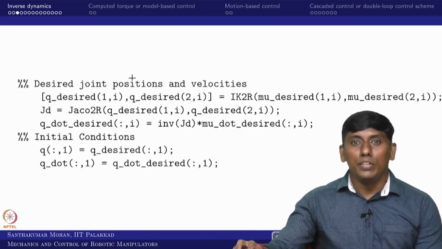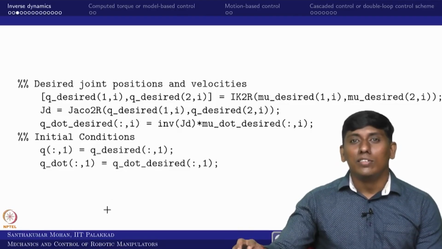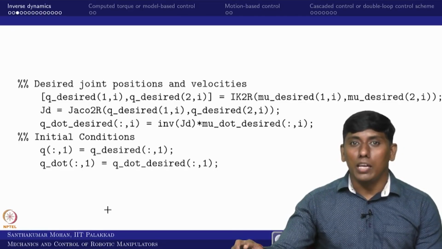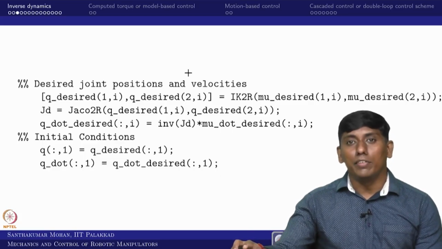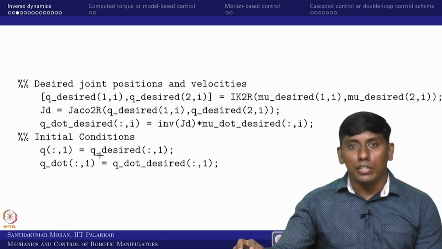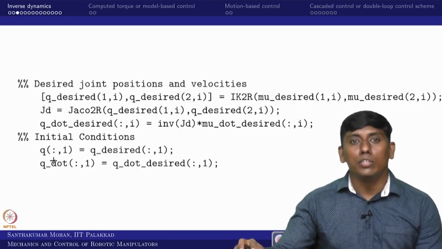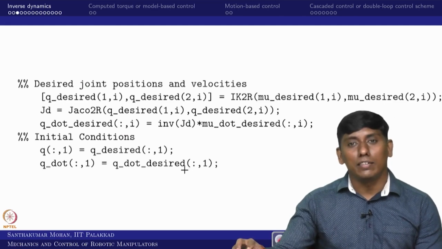Once we obtain this, we go back to the initial condition. Since the initial condition is supposed to be the same for actual and desired, instead of deriving it directly, whatever the first desired value is, we equate to q and q dot. So your initial condition is defined here.